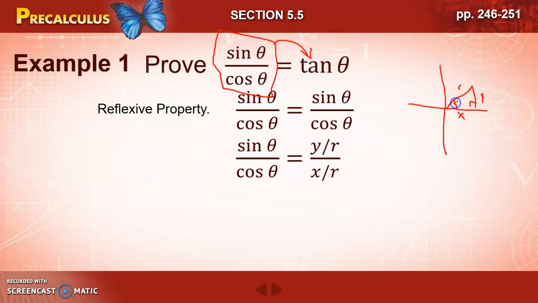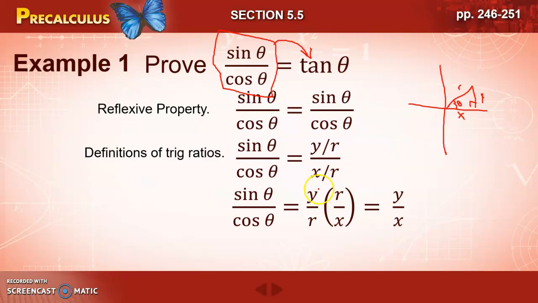And the sine of this angle here is, if you remember, sine is opposite over hypotenuse, so that's y over r, and cosine is x over r. So we just replaced those here. We substituted those in based on our definitions of sine and cosine. So that's a definition of our trig ratio. We're then going to simplify this.